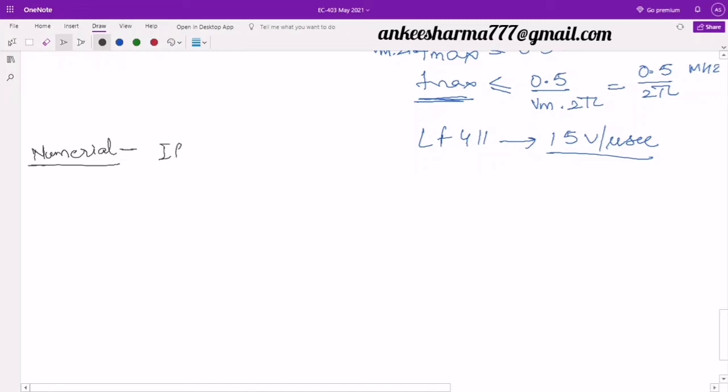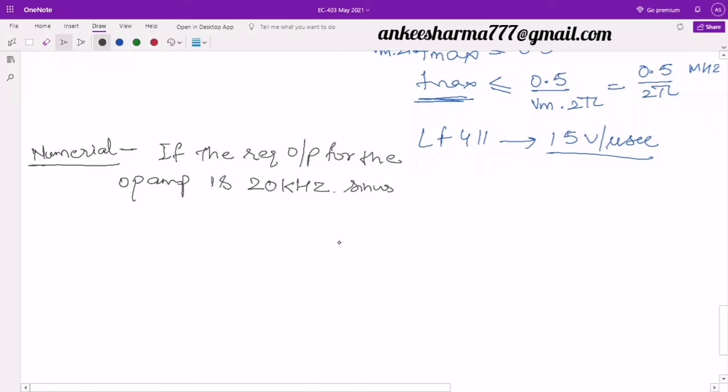The numerical says: if the required output for the op-amp is 20 kilohertz, let it be a sinusoidal signal, a 20 kilohertz sinusoidal signal with 10 volt peak voltage. This is my required output for the op-amp.